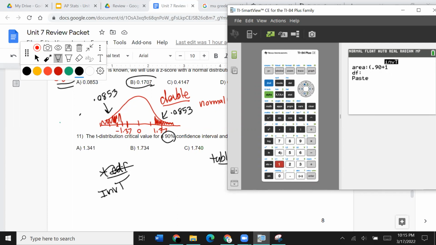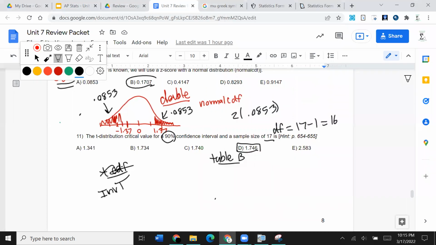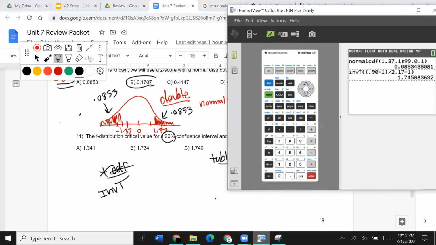So you just add those together and divide by 2. And your degree of freedom in this case is going to be 17 minus 1, or just 16. So that's how you enter them in there. And you can get the same thing, 1.745 or 1.746, that way too. So I'll let you decide what works for you, but always average that with 1. Really, if it's 90%, that's really going to be 95%.